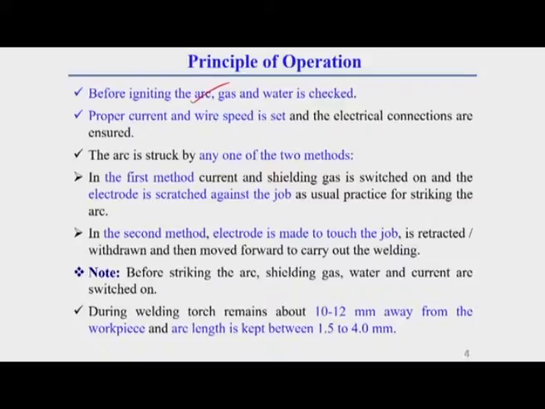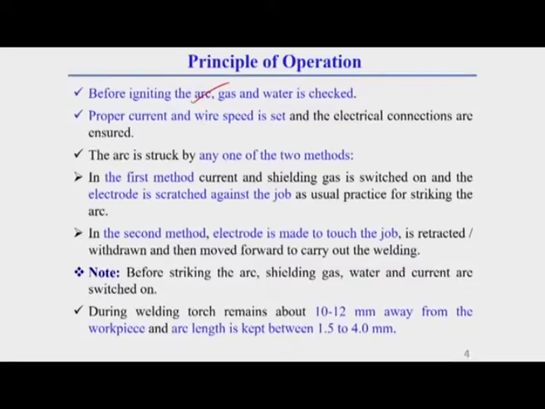That means first of all we have to check whether there is sufficient gas, or water cooling. If it is water cooled, we have to check that water is there or not. Then we have to set our current and wire speed, and we have to check the electrical connection also, whether it is proper or not. So, before starting the arc, these are the things we have to check.